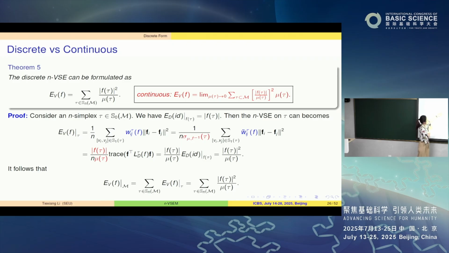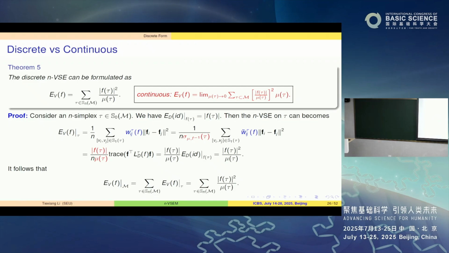Here tau is an n-simplex of the mesh M. So we see the energy is the summation of this ratio: the mass of F(tau), squared, over the mass of tau.